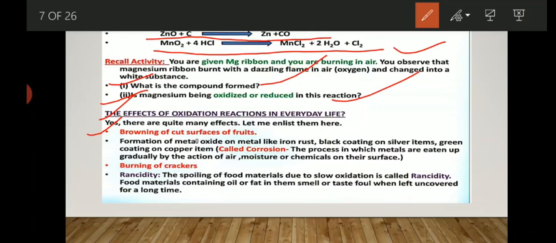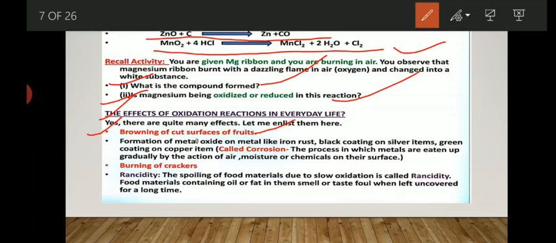Whenever we cut any fruit, immediately we see that the color of the upper surface of the fruit turns brown or black and sometimes some other color. So what exactly is it? It is due to the chemicals present in the fruit reacting with oxygen and getting oxidized. Because of that, browning of the cut surface of the fruit takes place.